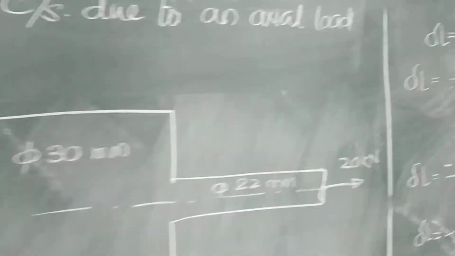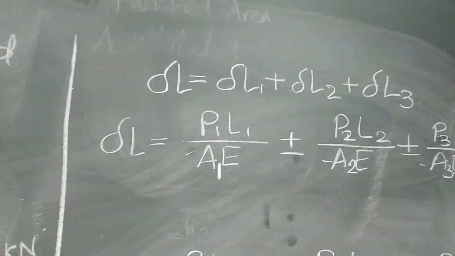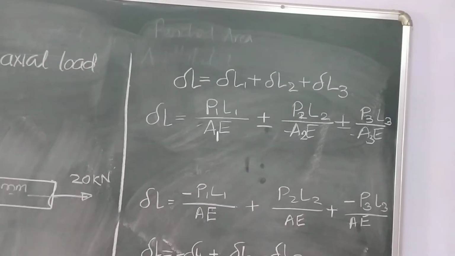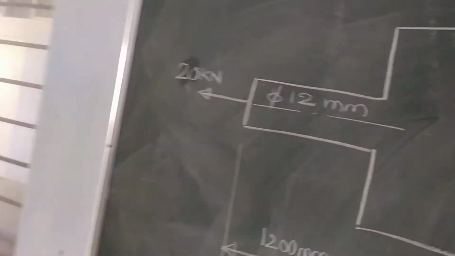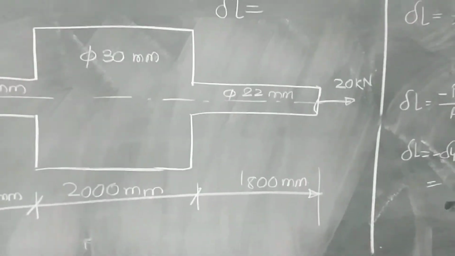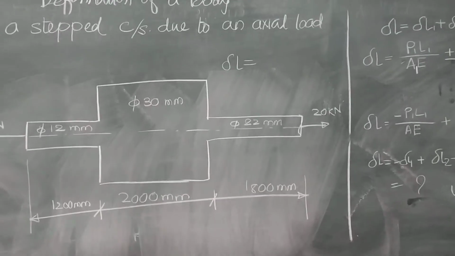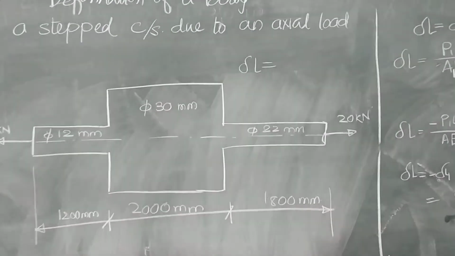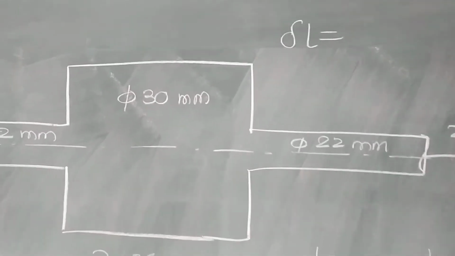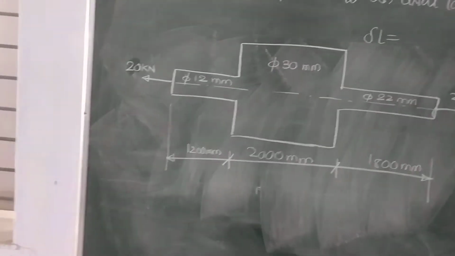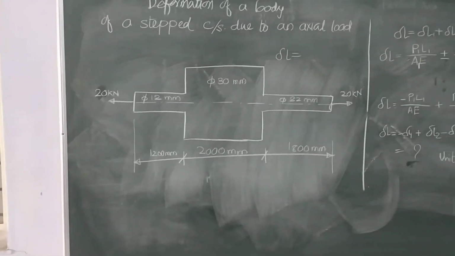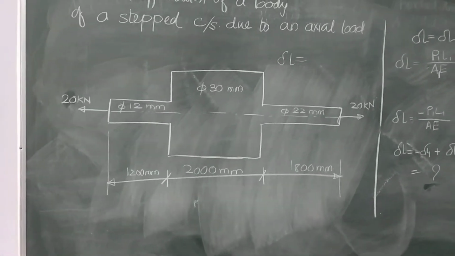You know the formula delta L is equal to delta L1 plus delta L2 plus delta L3, and delta L is nothing but PL upon AE, that is applied force, total length of that particular cross section, area and Young's modulus.